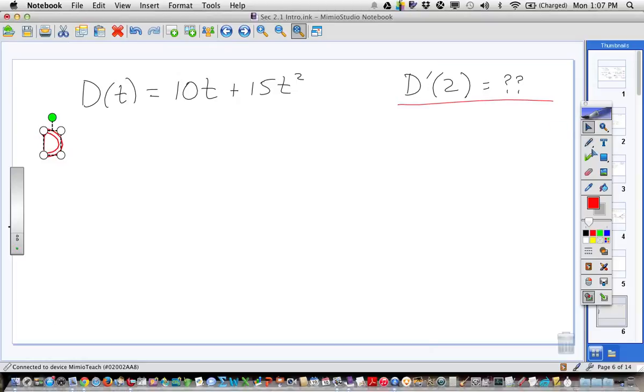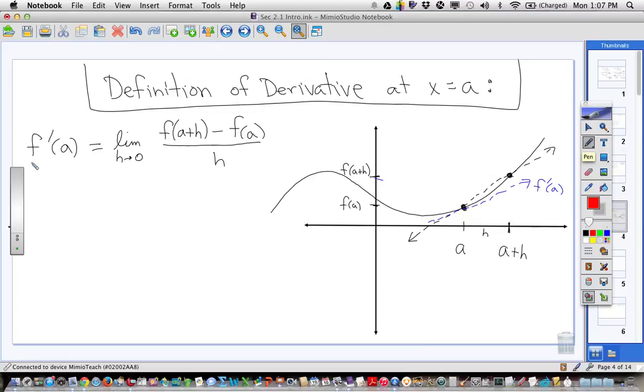So d prime of 2 is, now we're going to have to flip back and forth here. Okay. All right, here we had f prime of a, but we're doing d prime of 2. So my little f's are going to be d's, and my a's are going to be 2's. Right? Everybody with me?